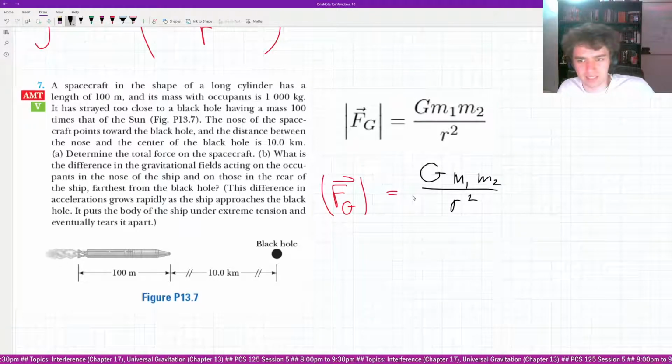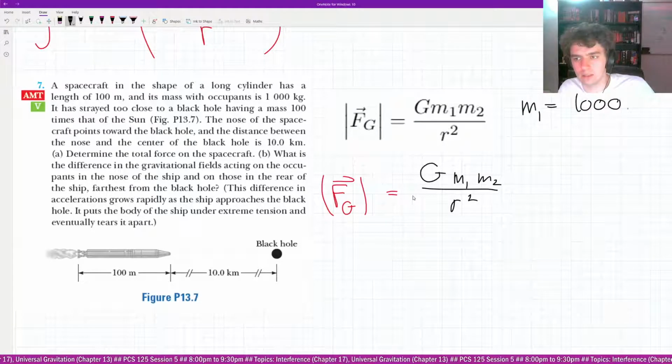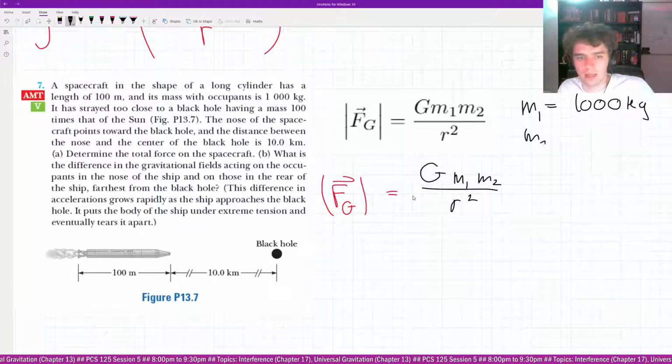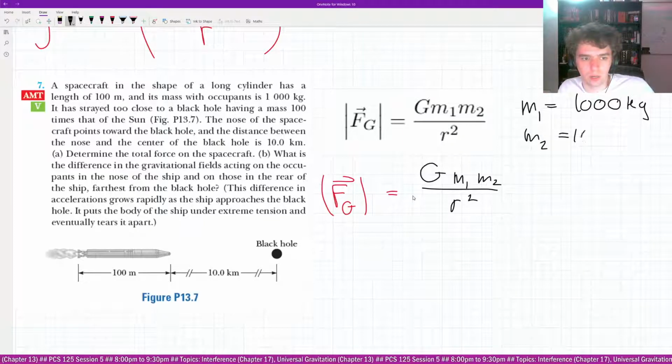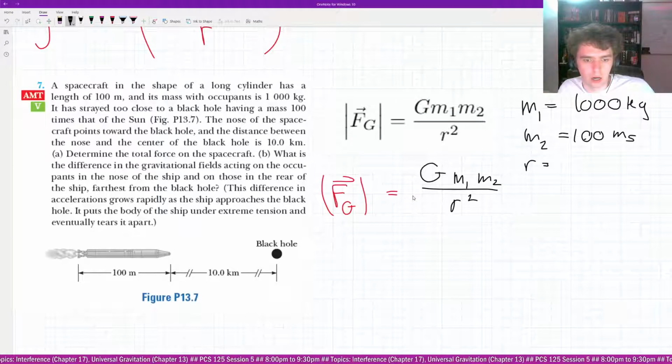I'm kind of just writing everything again, but M1 is the 1,000 kilograms, that's the spaceship. M2 is 100 times the mass of the sun, which we'll have to look up, and that's everything we need. Oh, and R is, so we just say determine the total force on the spacecraft, I guess just from the tip, so 1,000 kilograms.